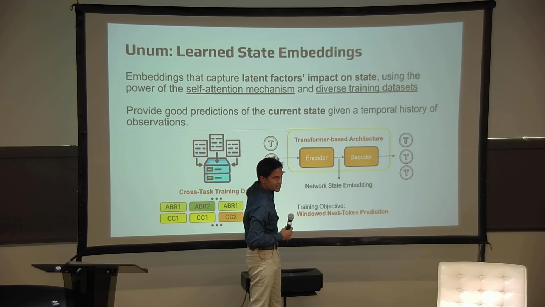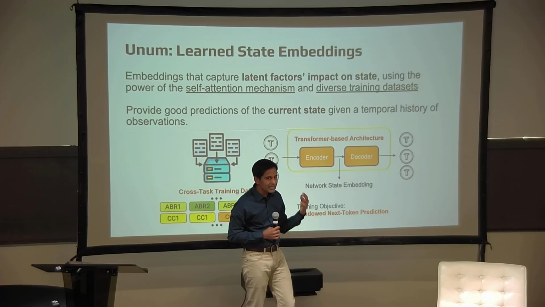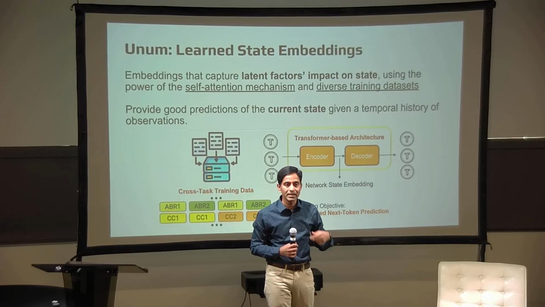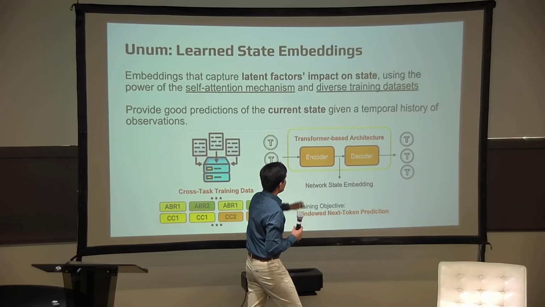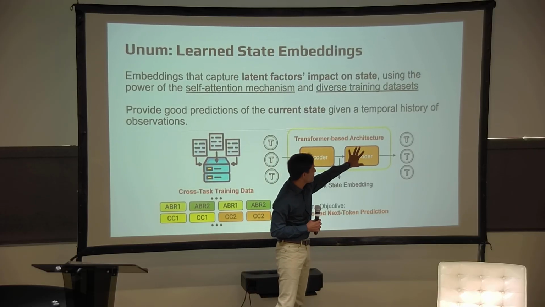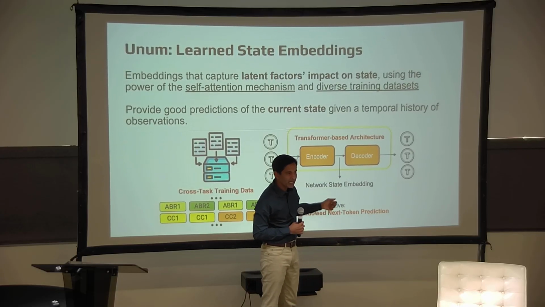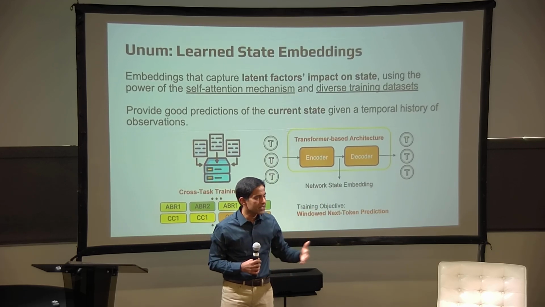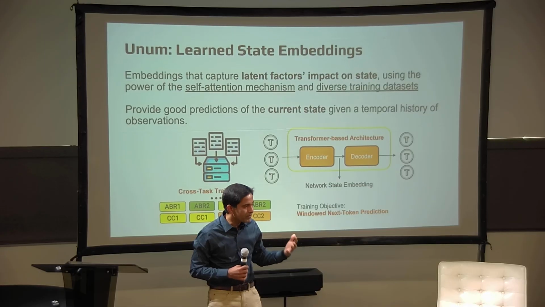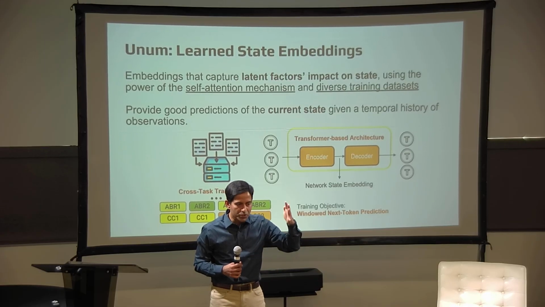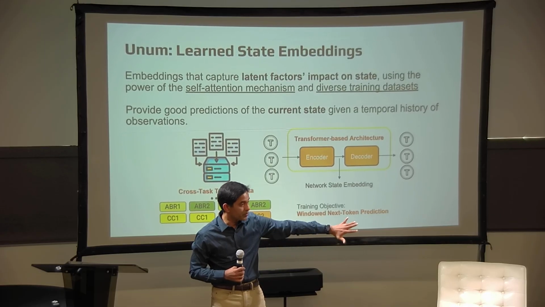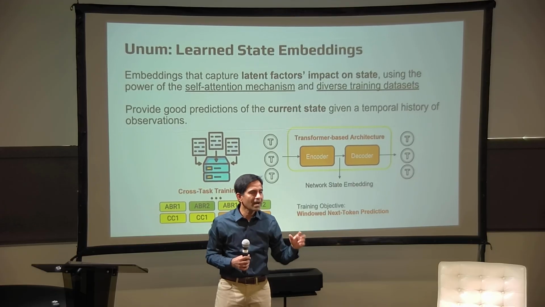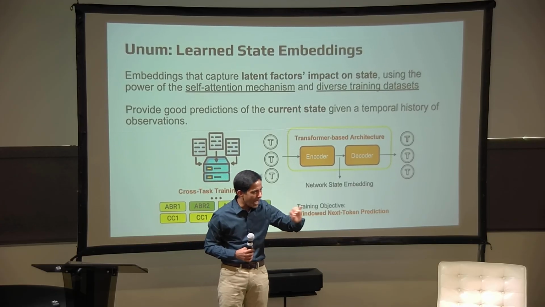We train this transformer in an encoder-decoder model, just like transformers and LLMs are trained today, in a next token prediction fashion. And instead of using both the encoder and decoder, we drop the decoder and just look at the embeddings that come at the end of the encoder. Now, what do these embeddings represent? They represent rich semantic information, whatever can be gleaned from snapshots of system state over some period of time. Now you see how we don't rely on average metrics anymore.